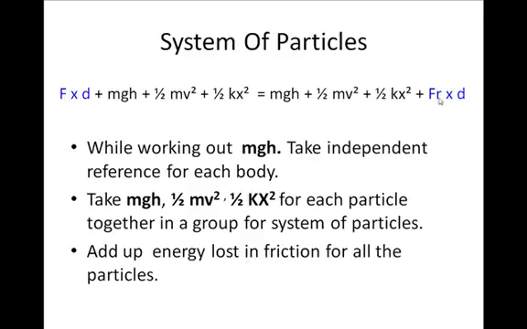So see, in the friction into distance term, whatever energy is lost for all the particles should be included. Now these points will become clearer as soon as we look at the problems.